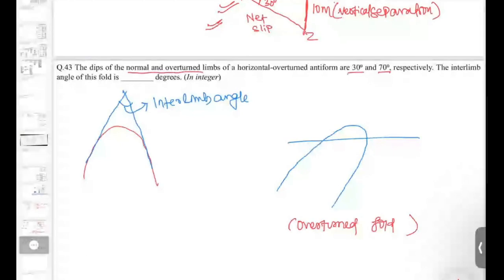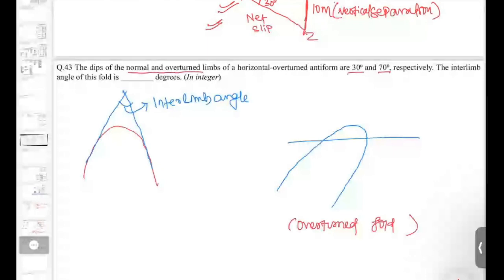The thing is, in an overturned fold, one limb is folded in such an extreme way that it ends up dipping in the same direction as the normal limb. Okay, and there is another type of fold where two limbs are more or less parallel.